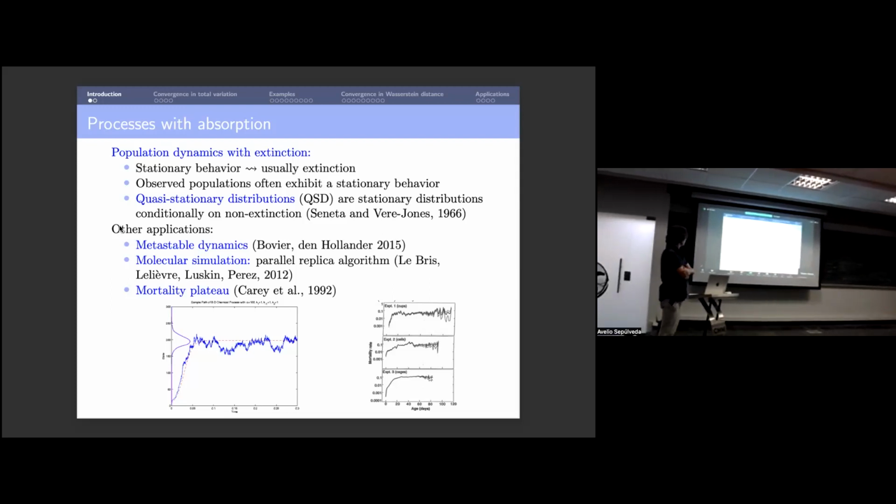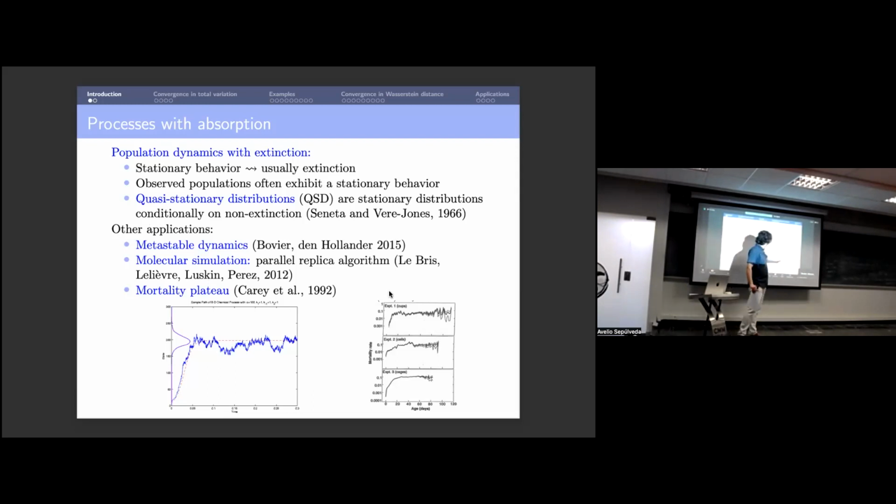Let me again be fast on that. It's also related to the phenomenon known in biology as the mortality plateau. On the right here, it's a population of Drosophila: every day you count the number of deaths, then you compute the death rate per day and plot it.